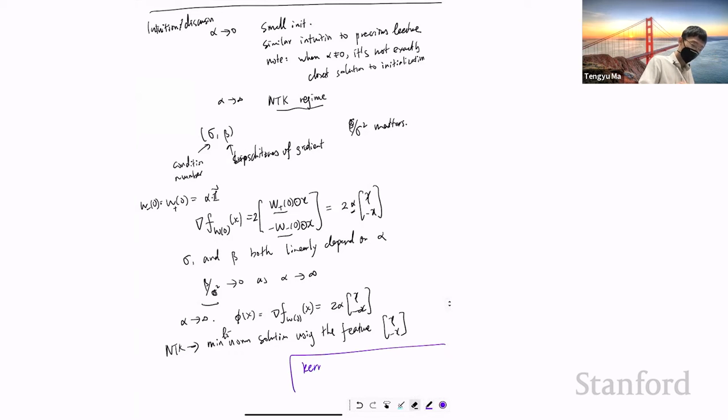NTK tells you that you are doing a kernel method with a certain feature, and the feature just turns out to be this trivial feature. And a kernel method with the feature just gives you the minimum norm solution. That's just what the kernel method does.